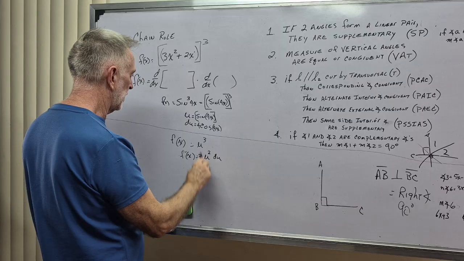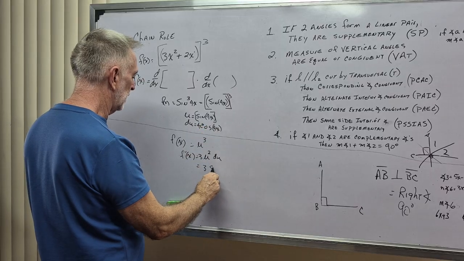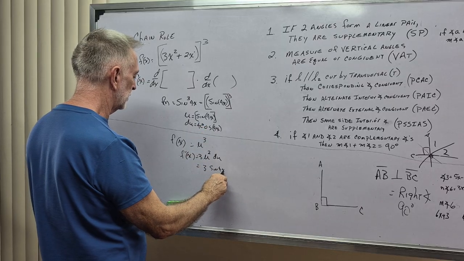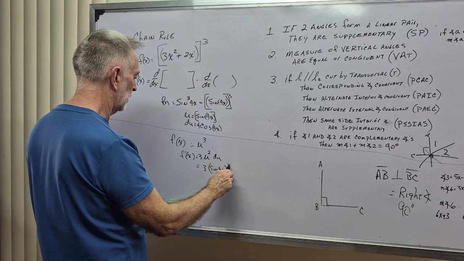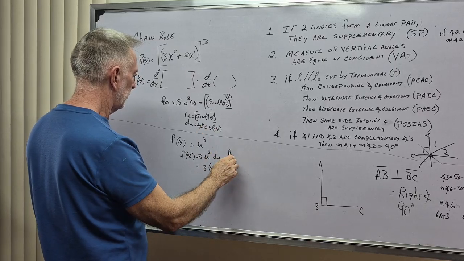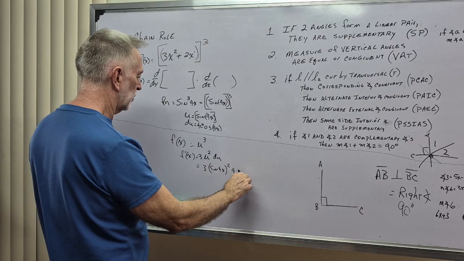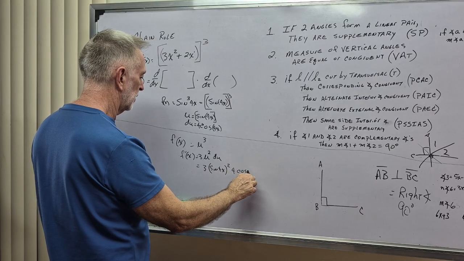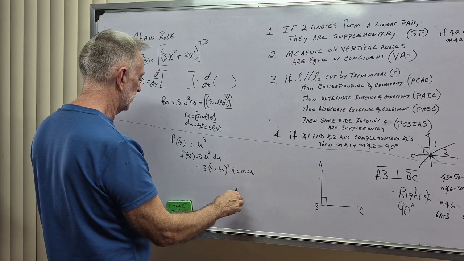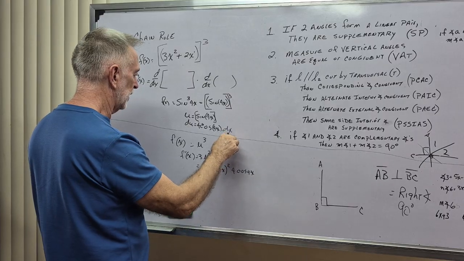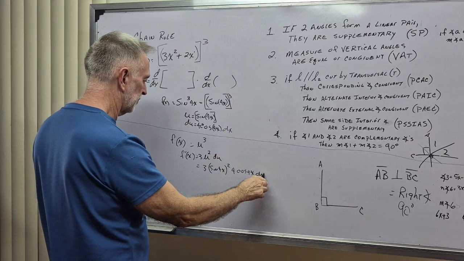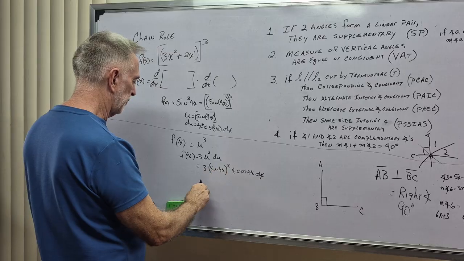So I have 3 sine 4x squared, and du is 4 cosine 4x. Actually, I'll leave the dx up there. So 3 times 4 is 12.